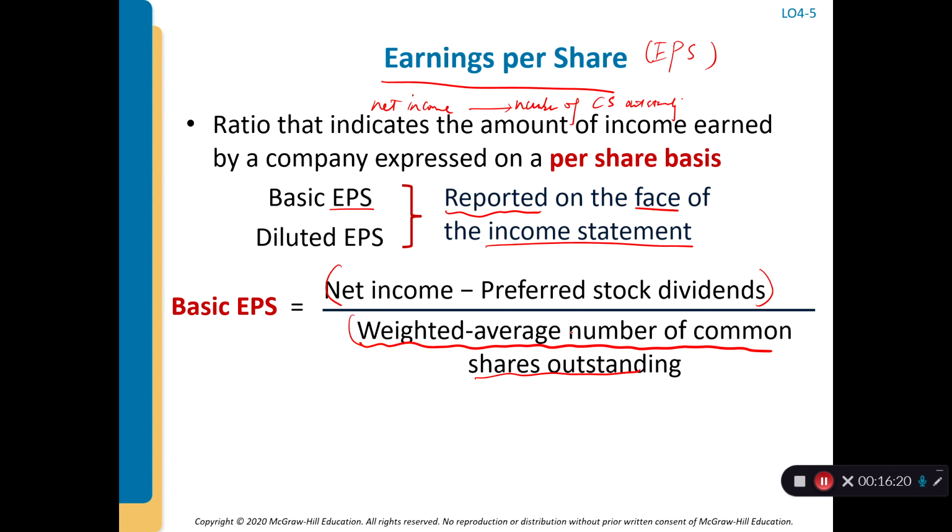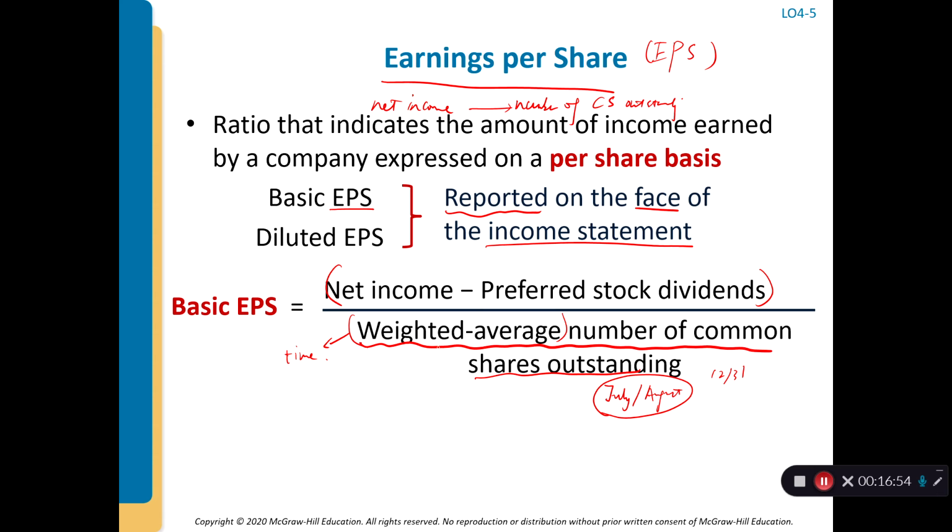What do we mean by weighted average? The weight we are applying here is time. In other words, the number of shares outstanding has been constantly changing over the years, right? Sometimes the firm declares a new issuance of stock, say in July or August. So a portion of the shares outstanding as of December 31st are not 100% outstanding throughout the year.